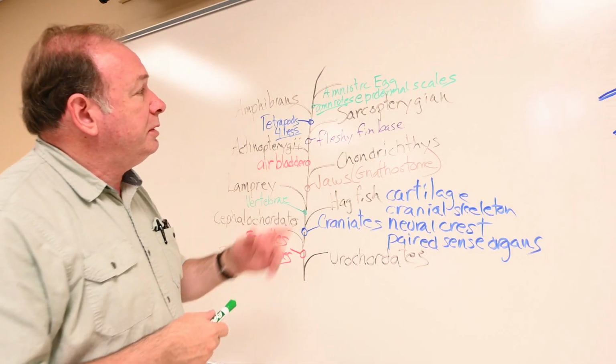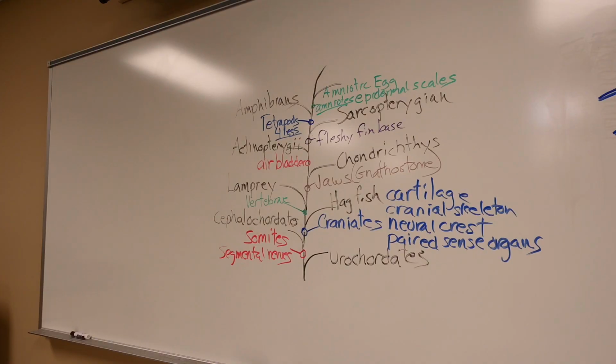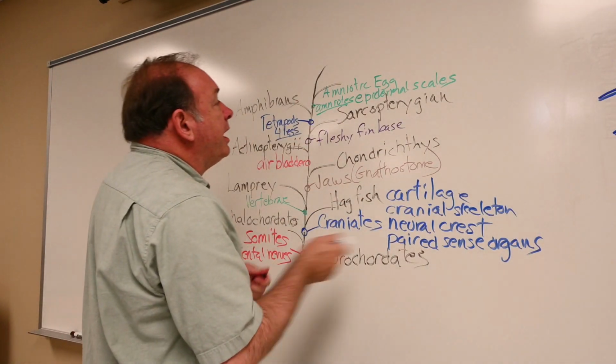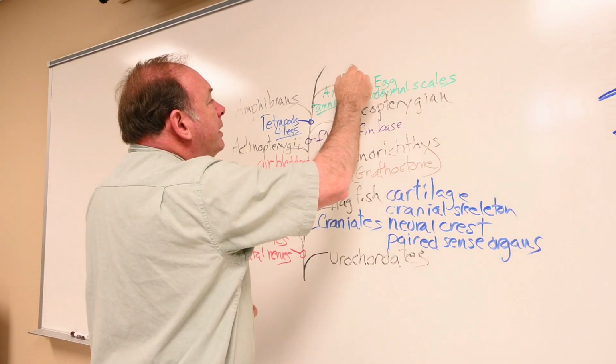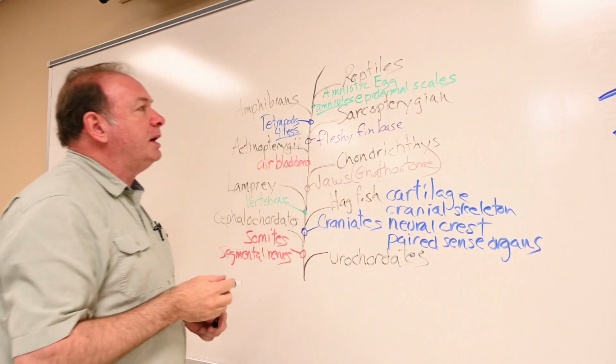Let me check and make sure I didn't leave anything off there. Looks like we're good there. So that group, amniotic egg, epidermal scales, all that, this is the first time we see that. That's the reptiles. Reptiles, okay?